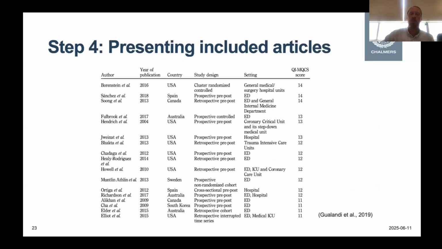Then it's important to present your included articles. And this is what you find in a lot of systematic literature reviews, that you have this description of the authors, the year of publication, the country the study was done in, the type of study design. As this is from a paper where they study patient flow in hospitals, they have also included the setting of each study.